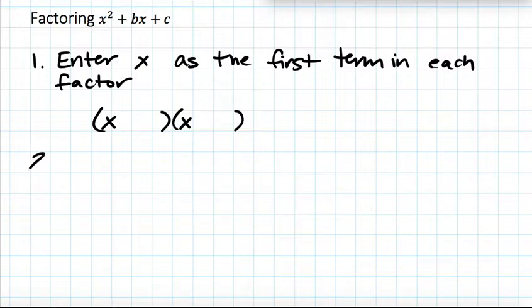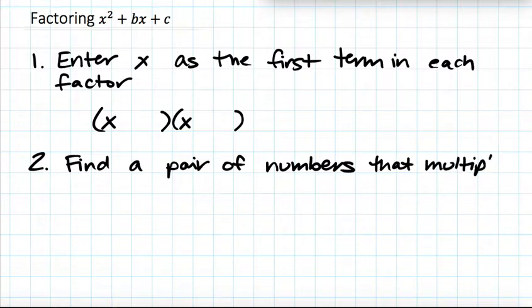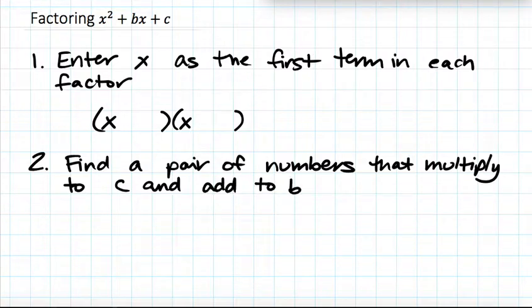Now, for the numbers, what you're going to do is find a pair of numbers, so two numbers, that multiply to c and add to b. Where c is the constant, the number by itself, b is the number in front of x.